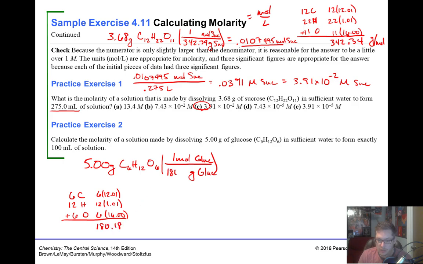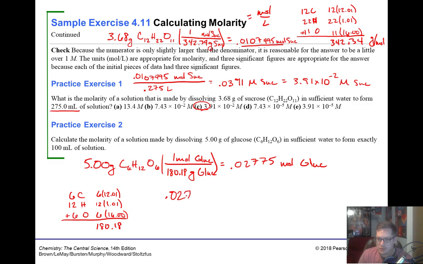So we put that down there, 180.18. We get 5 divided by that value, and we get 0.02775 moles of glucose.